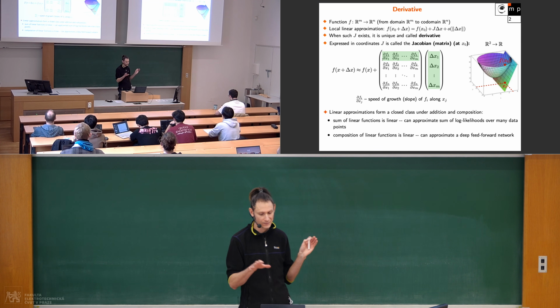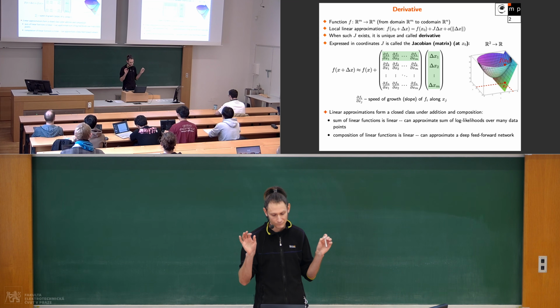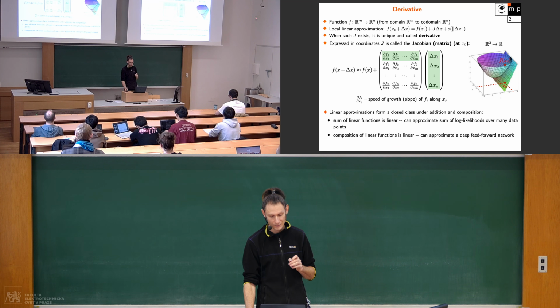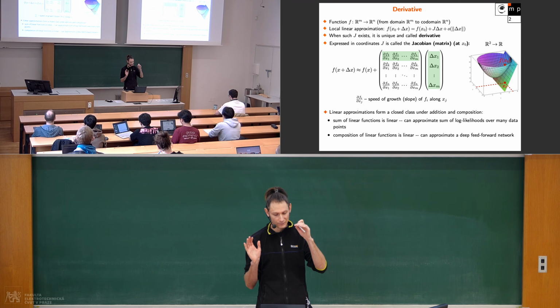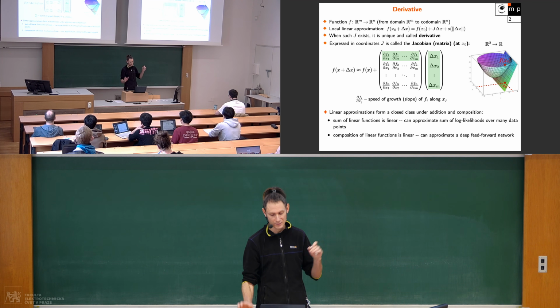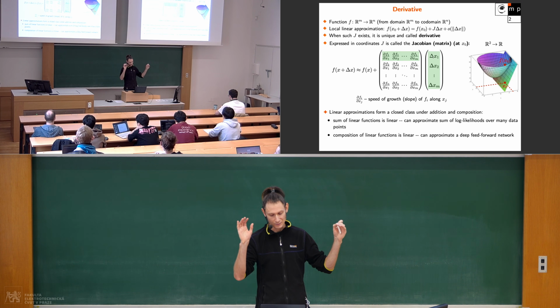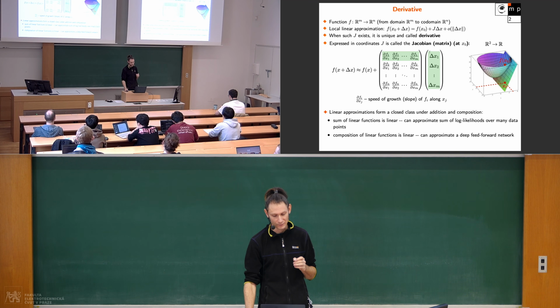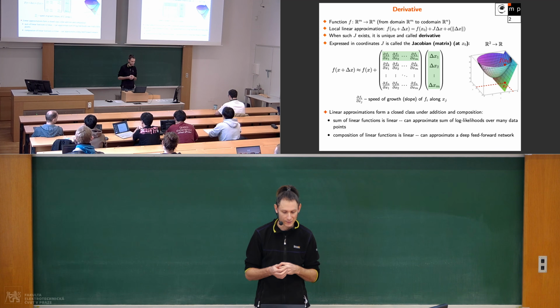Now, if you recall the matrix-vector product, you are getting that the increment along axis x1 is multiplied with the partial derivative of each coordinate of f with respect to x1, right? So then the total increment of the first coordinate of the function is given by the sum of the steepness of the function with respect to that variable multiplied by the offset in that direction.